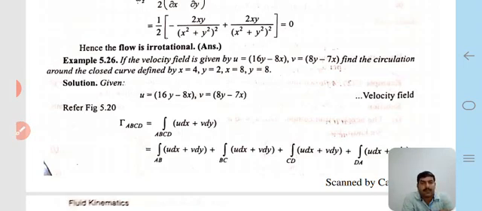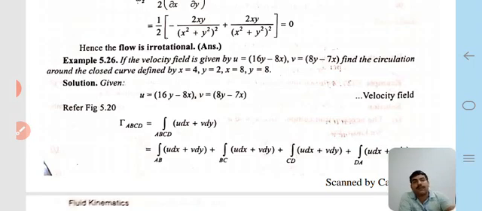Therefore, the circulation around the closed contour ABCD is equal to the integral over ABCD of u dx plus v dy.